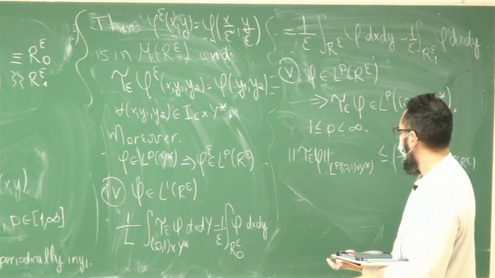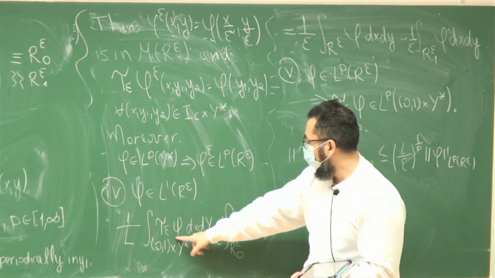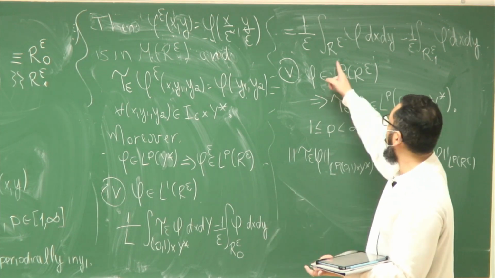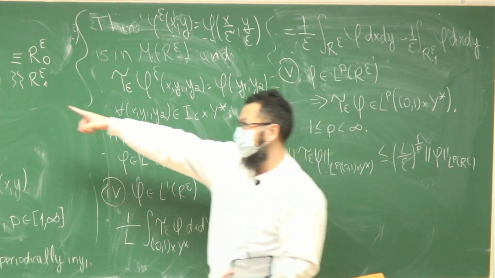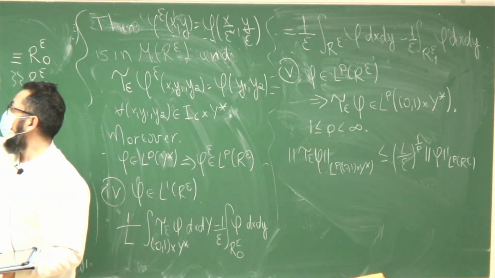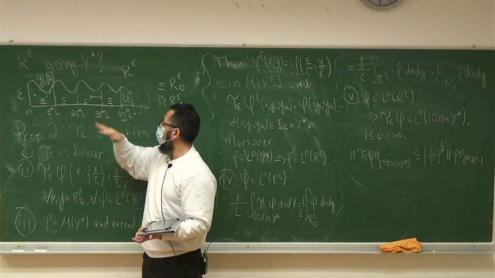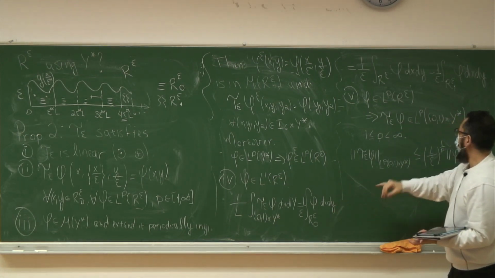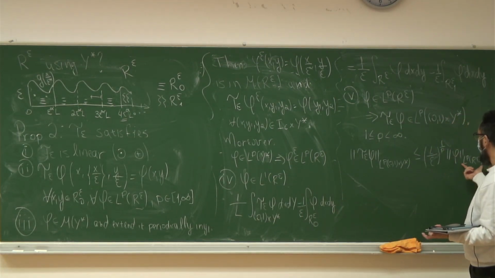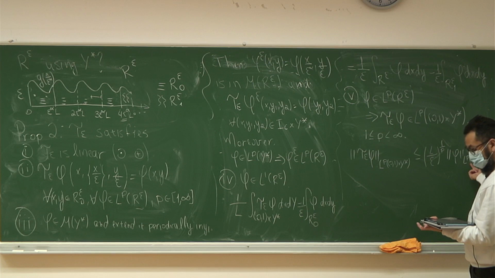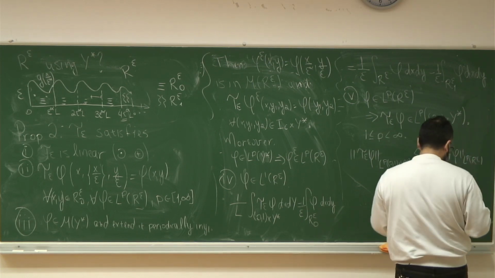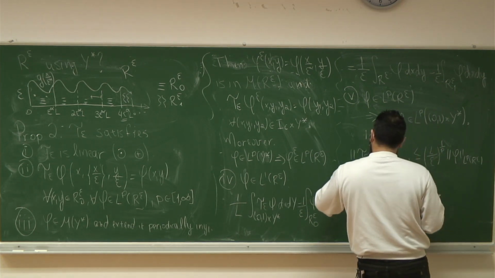Notice that we use the inequality from here to here, since this R epsilon 0 is into this, of course. This is the R epsilon 0, this part with the 3 here, and it's less or equal to the norm in the whole domain. This is very easy to see.